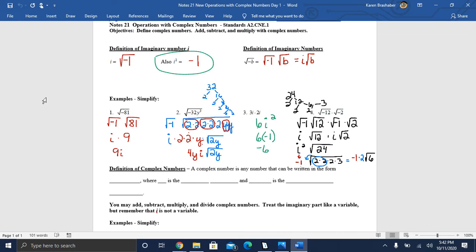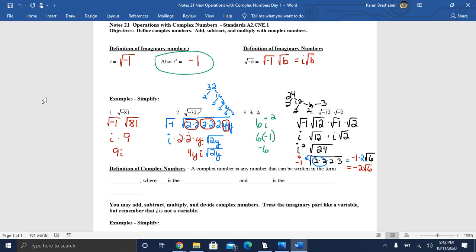So our final answer is going to be -1 times 2, that's -2 times the square root of 6. So once again, we took two imaginary numbers and we multiplied them together and ended up with something that did not have an i in it.